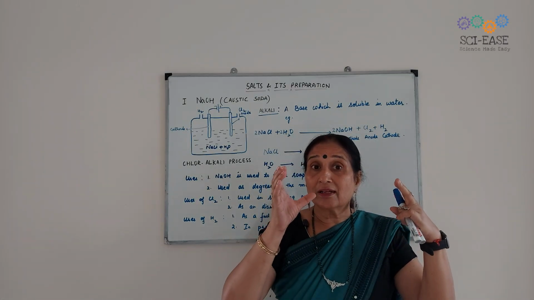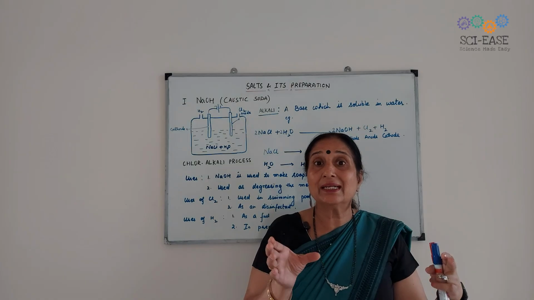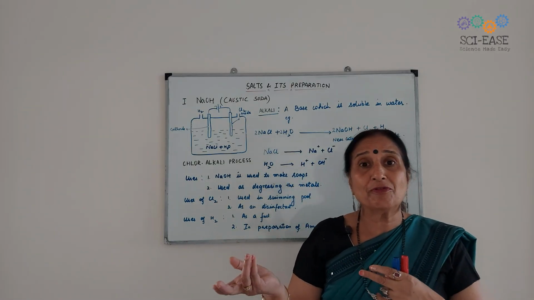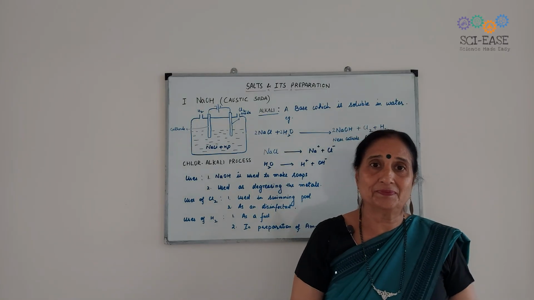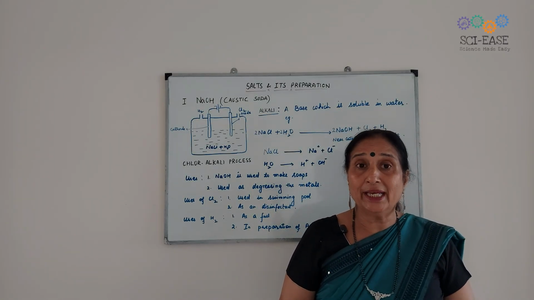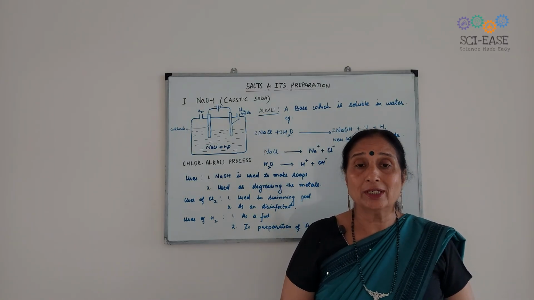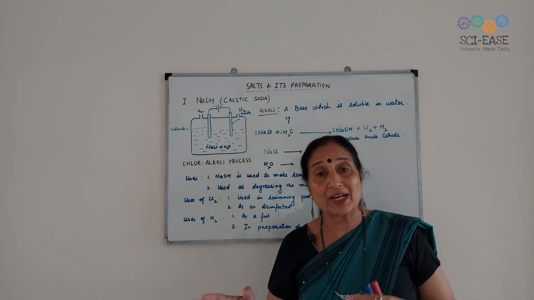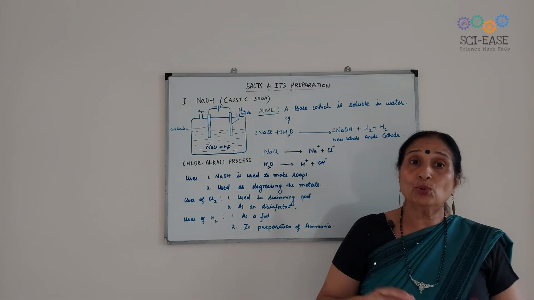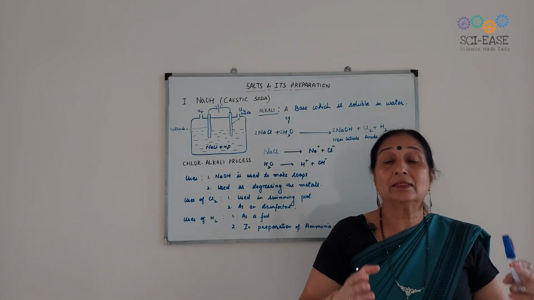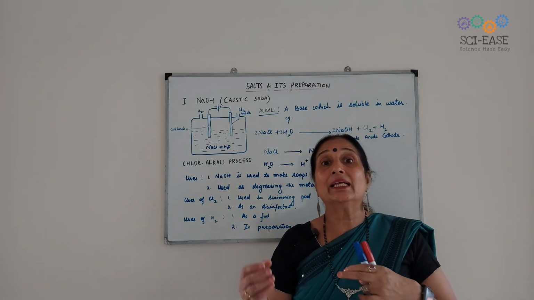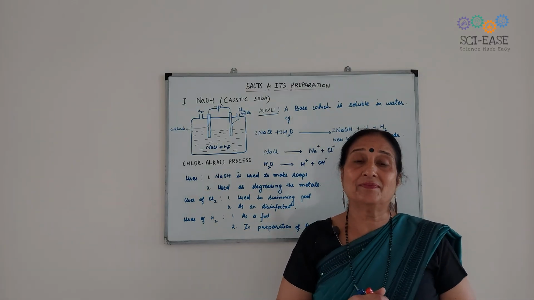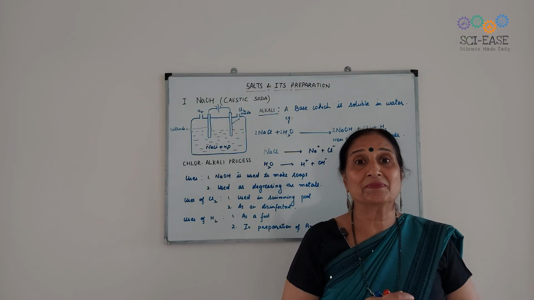So this sodium chloride is the raw material which is used for the preparation of various other salts. We will do in all 5 salts which are in the syllabus of class 10th. So sodium chloride is used in the preparation of sodium hydroxide, that is caustic soda.